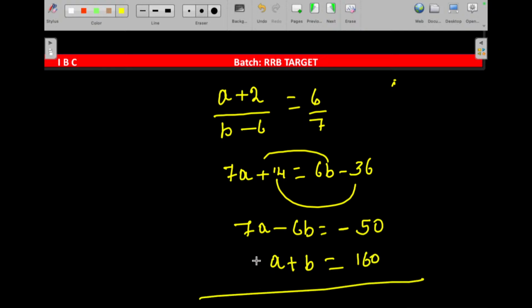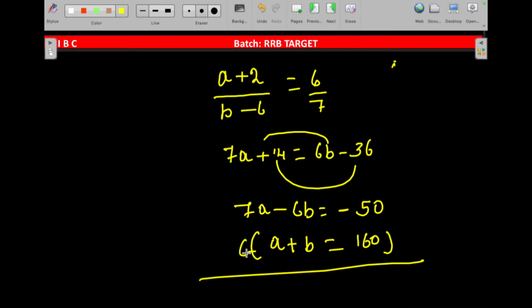If you want to cancel the negative, you can write it in reverse also. I will multiply this equation by 6 because I can then add the equations. 7A and 6A will be 13A, the B terms get cancelled, and 6 into 160 is 960 plus 50.